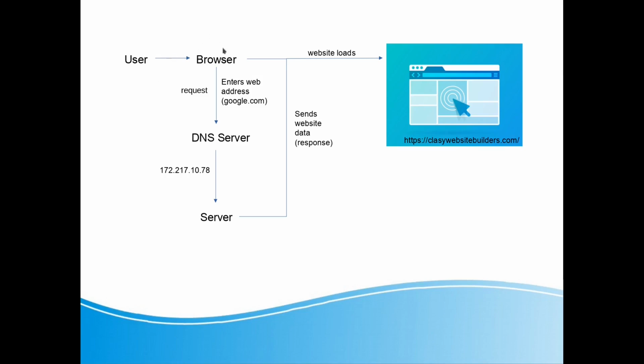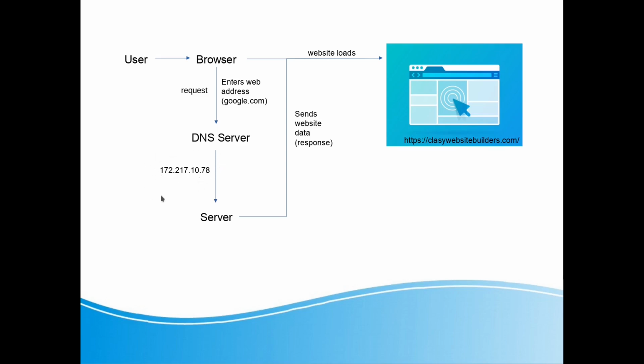Whenever we enter any web address on our browser, it first goes to the DNS server. The address that we enter, like google.com, isn't the actual address of the server. The actual address of servers is an IP address, and it looks something like this.